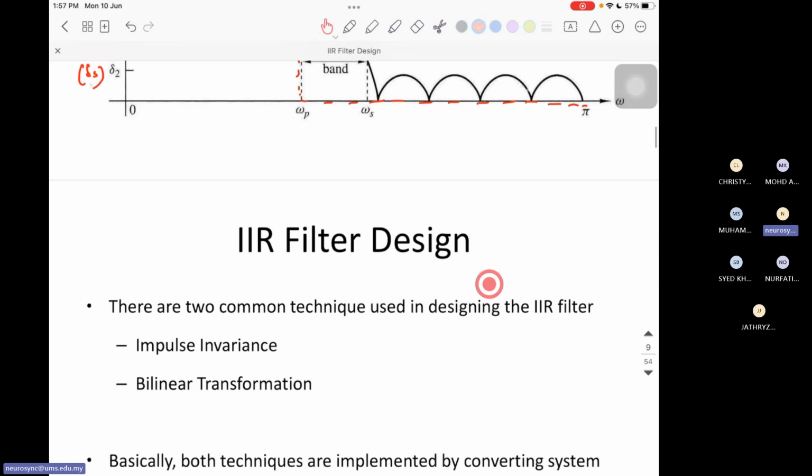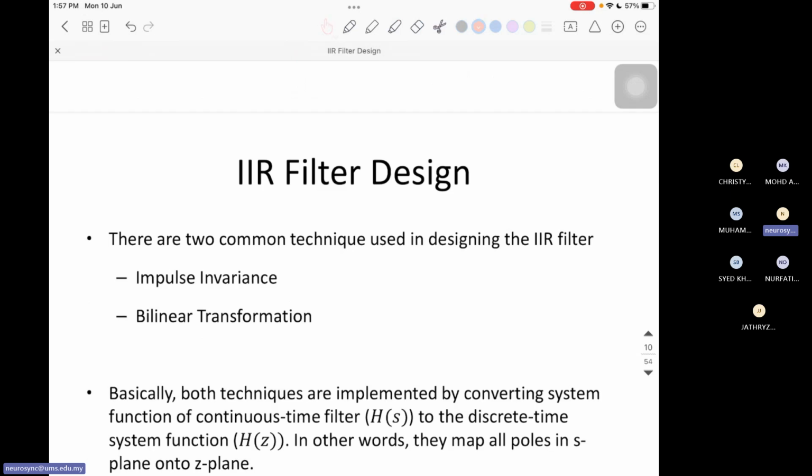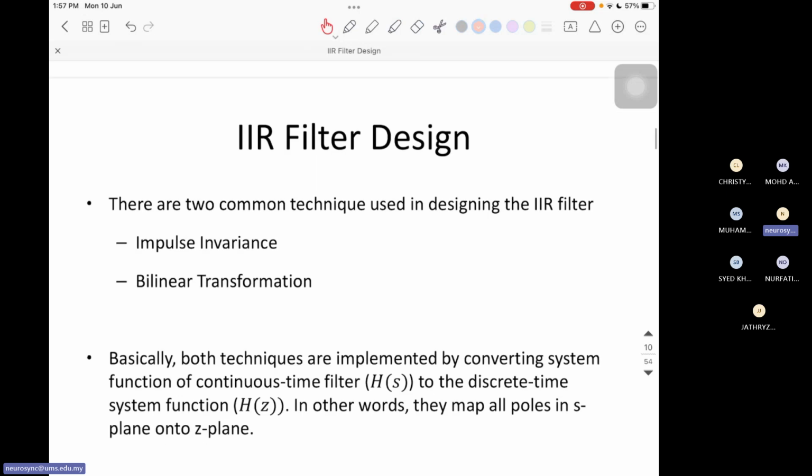Okay, now we will see the IIR filter design. To design this IIR filter, there are two common techniques.